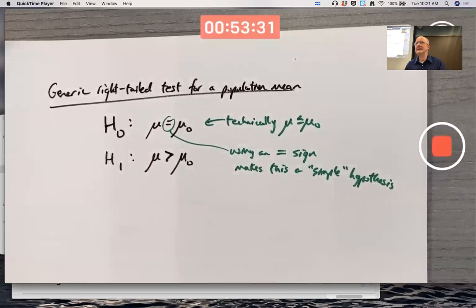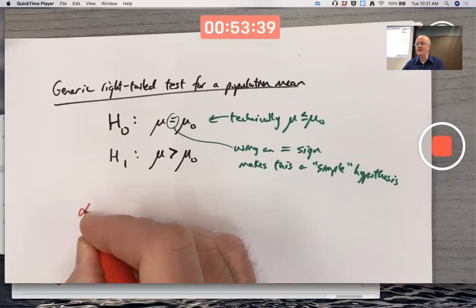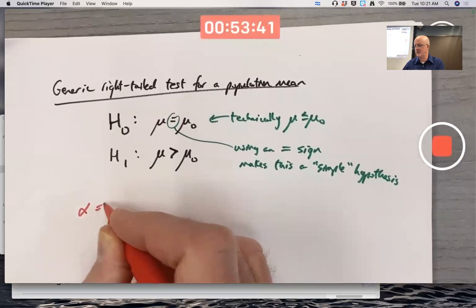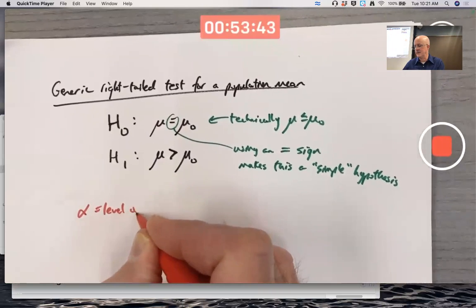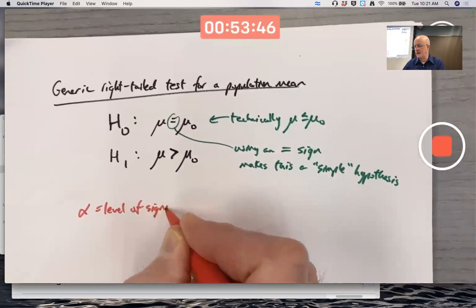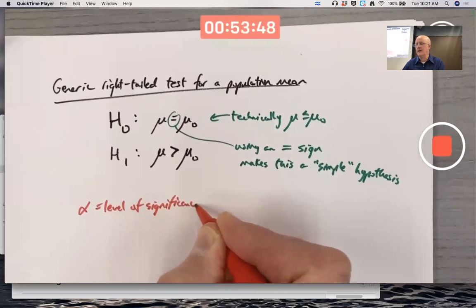Let's think about these things again, but now in the context of also including a level of significance. The letter alpha in this context is called the level of significance of the test.